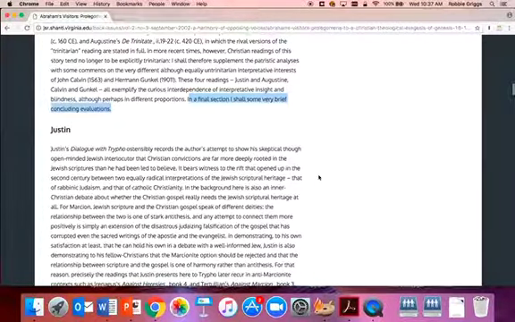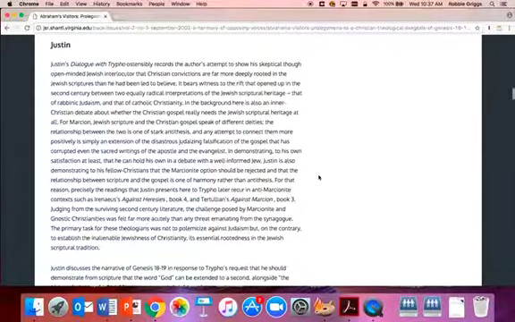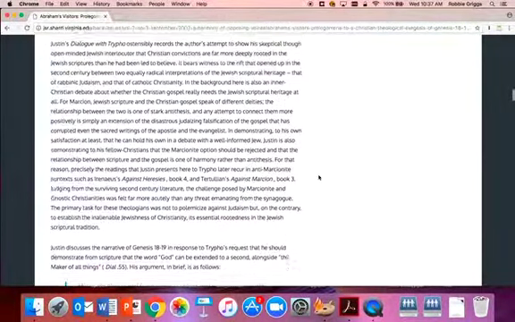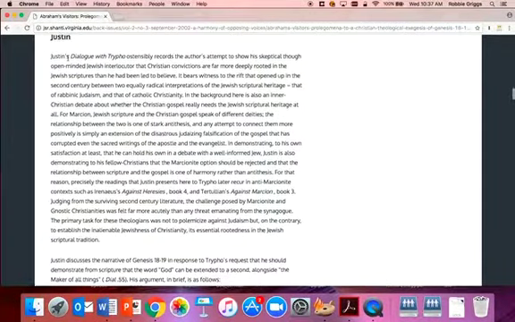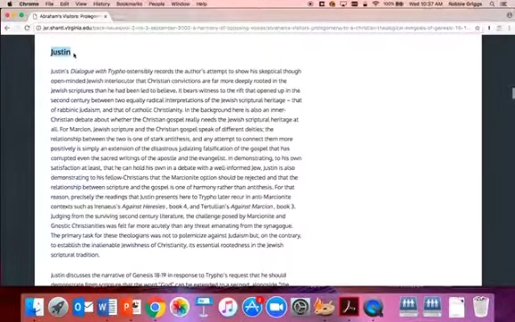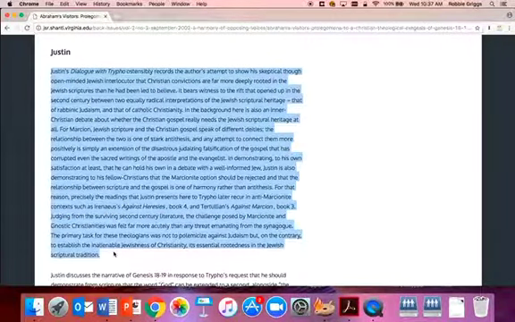So let's look at a couple of the things that Francis does here. Now, the thing I want you to note is that for each of the figures that Francis looks at, he's got an opening paragraph that gives you a sense of the general burden of the writer. In other words, what is Justin, in reading Genesis 18 and 19, what is he trying to do?